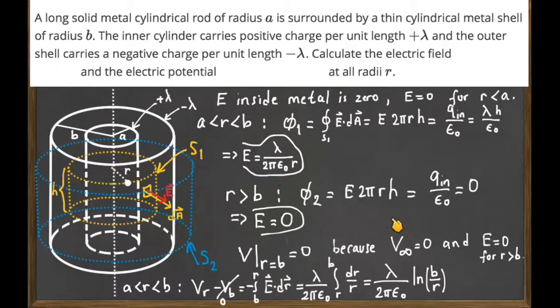Just put R is equal to A in here, and then the potential will be all the same through the volume of the inner cylinder, because there is no electric field. The electric field is 0, so whatever the potential we have at the surface, we will have the same potential in the inner region.